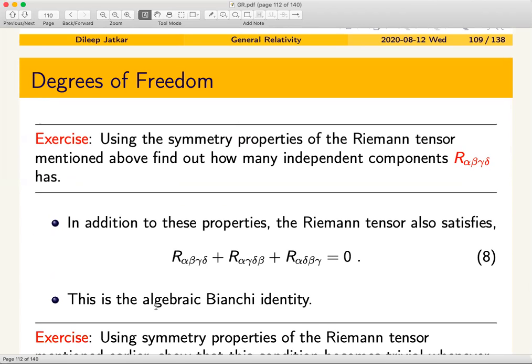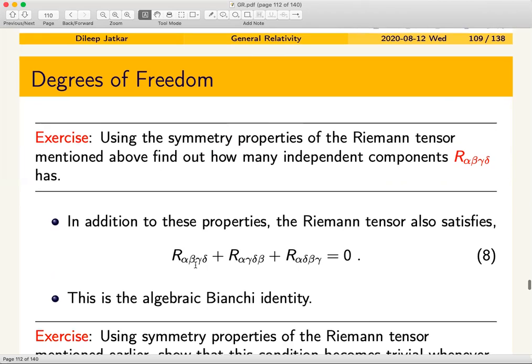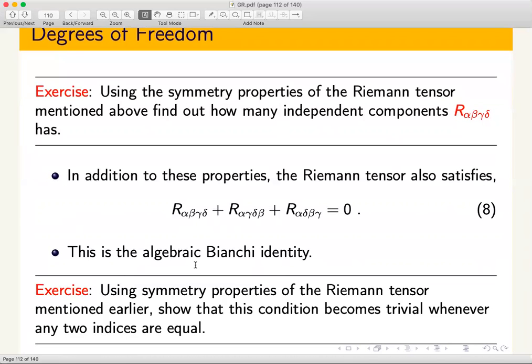It turns out that although it looks like a four-indexed object, in reality this is just a single condition, because any time any two of these indices become identical, this identity is trivial. By trivial one means that we know a corresponding expression already.